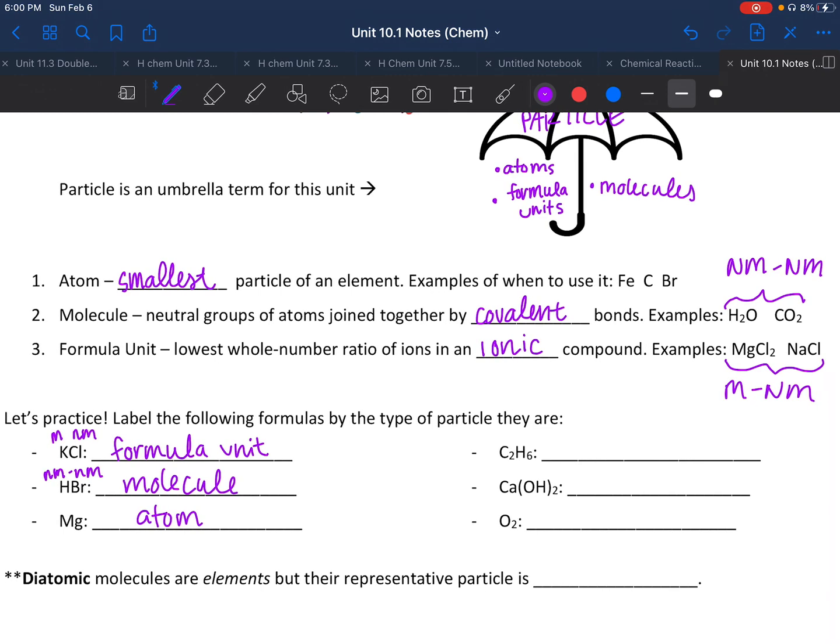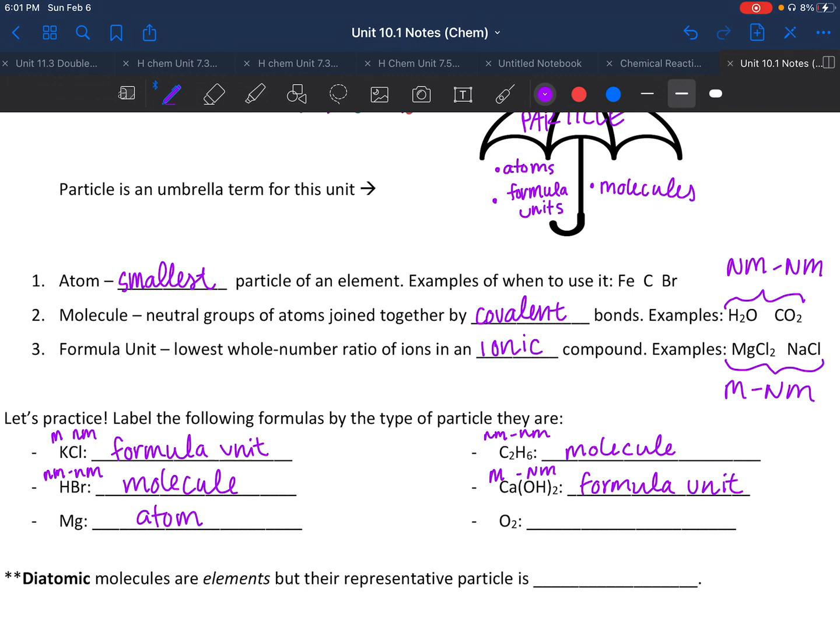Moving over to the other side, we have again nonmetal bonding happening here. It's neutral, no charges are formed. We call it a molecule. Then we have calcium hydroxide, calcium being our metal, hydroxide being a nonmetal polyatomic. That's going to be a formula unit. And then lastly, diatomics are different, right?